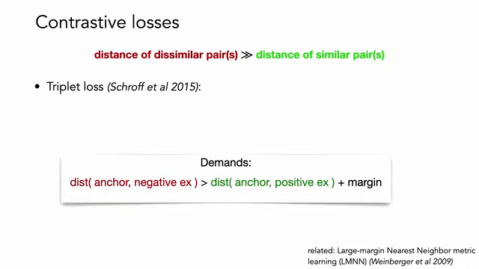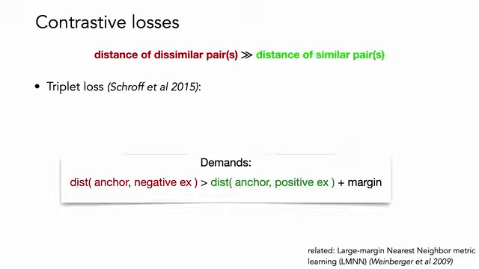The very initial version that was introduced here is what's called triplet loss, which essentially demands that the distance between an anchor, so you have one point that you say is your anchor point, and then you have two other data points that are sent in too, and one of them is a positive example, the same as that anchor point, and the other one is a negative example that's different from that anchor point.